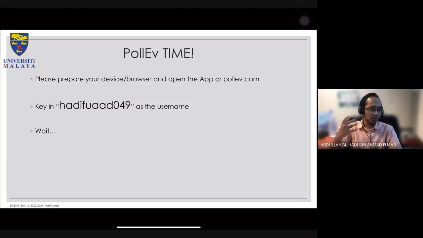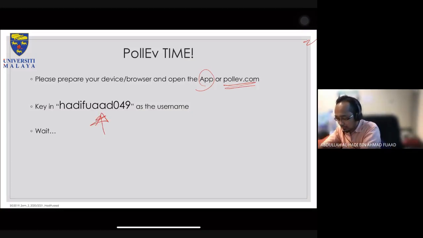I do have a few questions, like a tutorial embedded in lecture style. So you can either open your app, or you can go to wholeev.com and then put in my name as the username. Okay, 019.